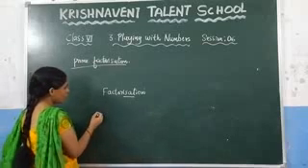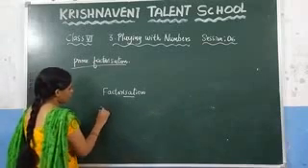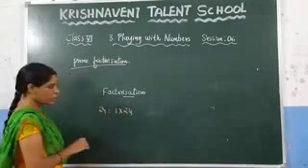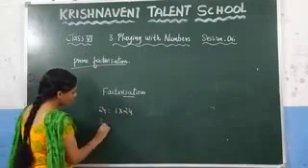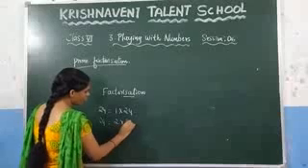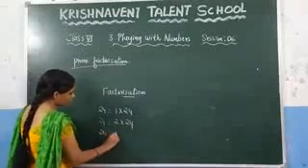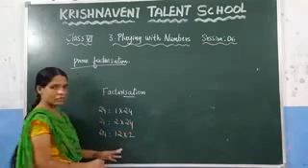Consider one number, which is 24. You can write 24 as 1 into 24. Similarly, you can write 24 as 2 into 12, because 12 2s are 24.